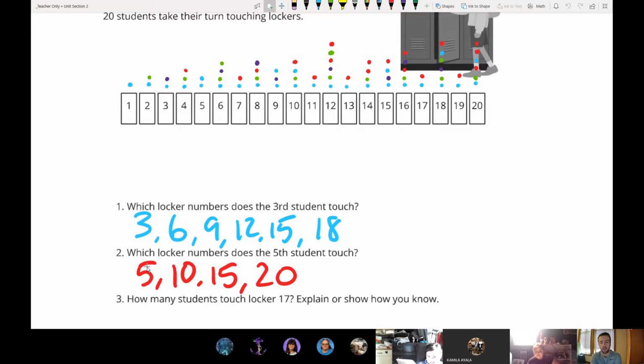Elizabeth, how many students touch locker 17? 2. Yeah, how do you know that? What did we do in our diagram to show? How did we show that, Elizabeth?